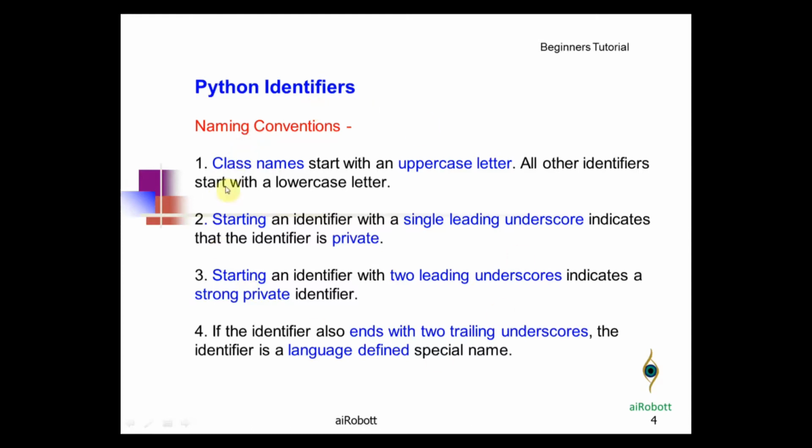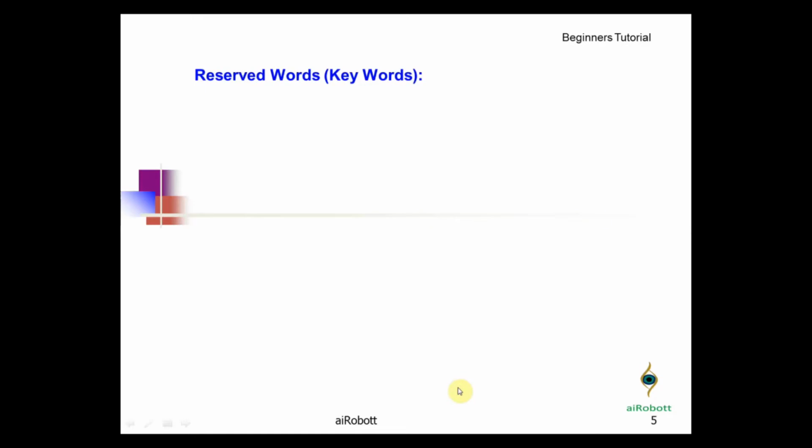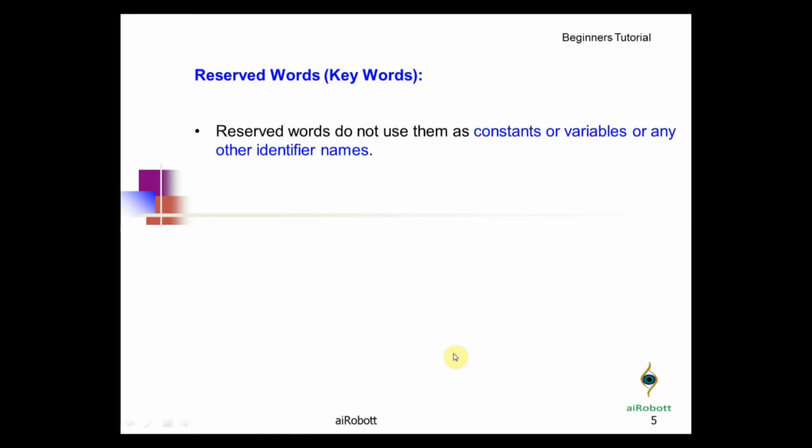These will all come in the next lectures. Keywords. These are also named reserved words. Do not use them as constants, variables, or any other identifier names. These reserved words cannot be used in constants, variable names, and other identifier names. All the Python keywords contain lowercase letters only.